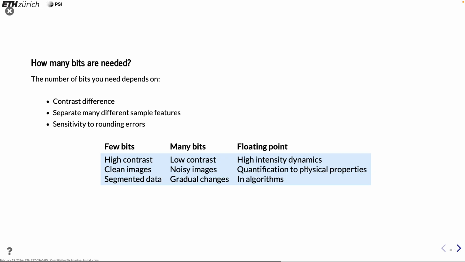So if you want to link your gray level to, say, an attenuation coefficient, you don't want to use integer values. You want to know, for example, that it's 1.27, and that is when you need it. Also in algorithms, when you do filtering, you usually want to use floating point values, unless you are really on tight bounds on how fast you want to process the data. But I personally use floating point mostly when I do my image processing.